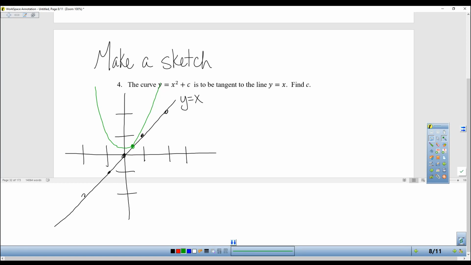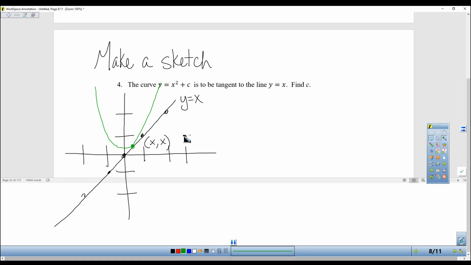Now that I've made the sketch, I have some concept of what c is. It can't be too high. It's definitely going to be a number between 0 and 1. So like a problem that we did just a little while ago, this point has 2 names. On the line, if you knew x, you'd know y, because it's on the line y is equal to x. Every point is 1, 1, 2, 2, 3, 3.